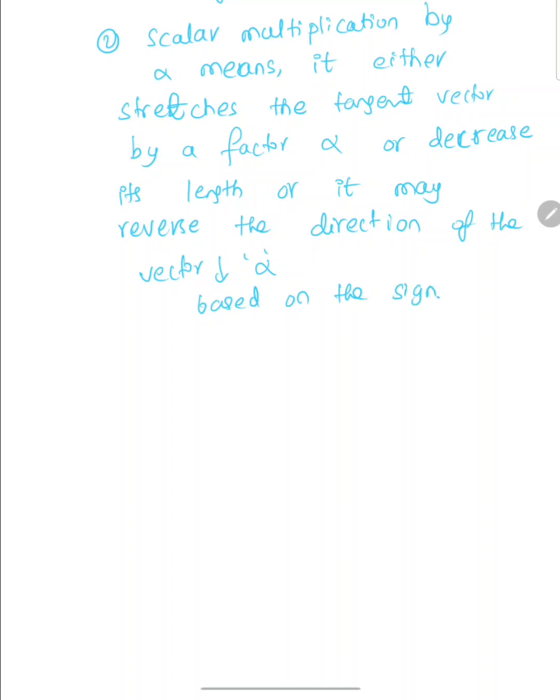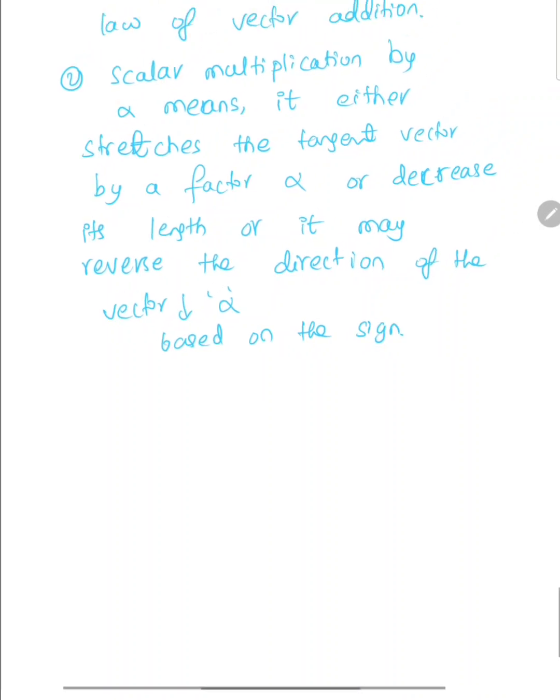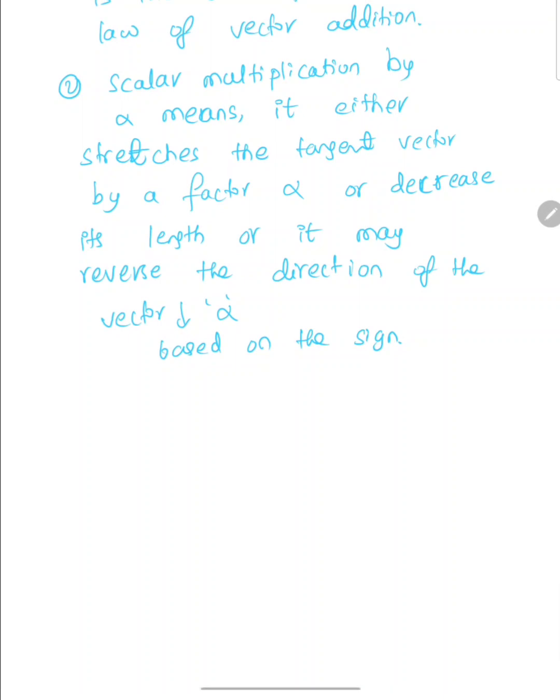So this is about the operations of vector addition and scalar multiplication on tangent vectors. If we add two tangent vectors, then we get a tangent vector obtained with the help of the parallelogram law of vector addition.